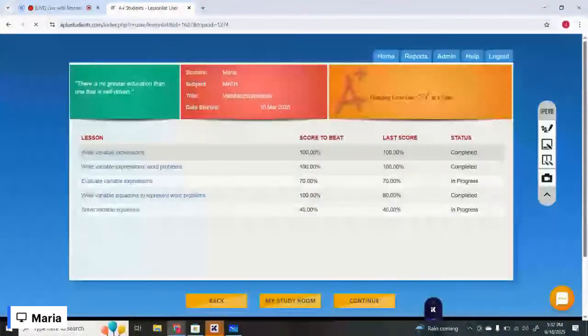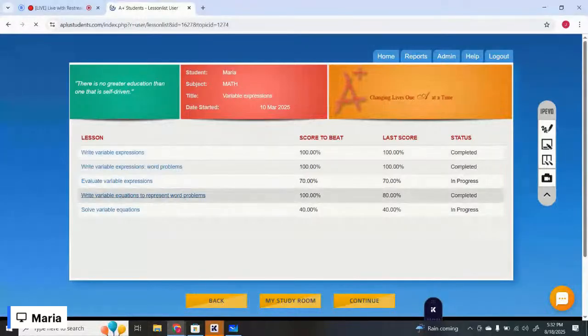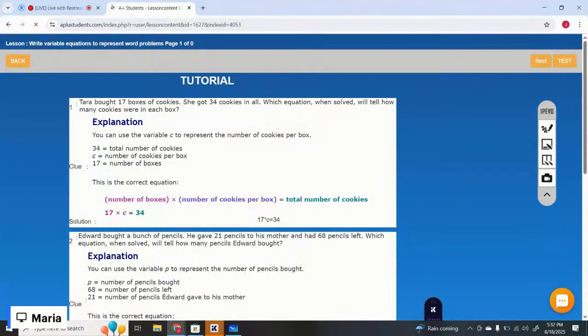Write variable expressions. Tara bought 17 boxes of cookies. She got 34 cookies in all.